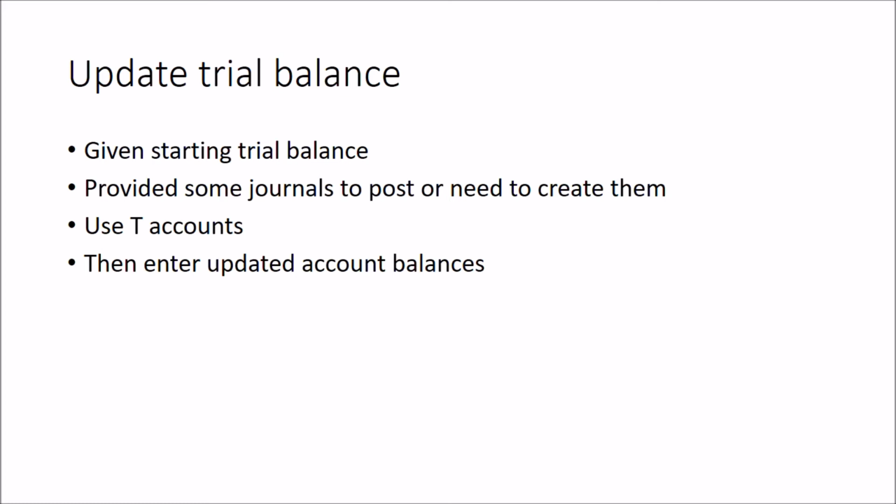We're then going to update our trial balance. So in the exam, you're probably going to be given a list of amounts that are going to be converted into a trial balance. So you're going to check first of all, given the starting trial balance, whether the bank account is an amount owed from the bank to the company, or whether it's an overdraft, which means that we owe the bank something.